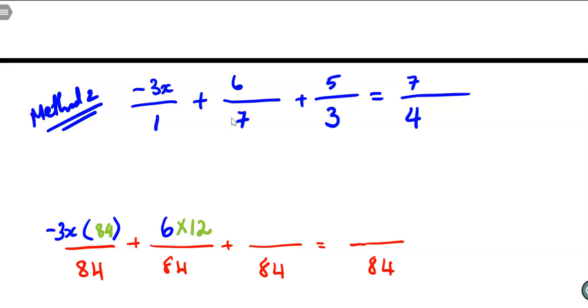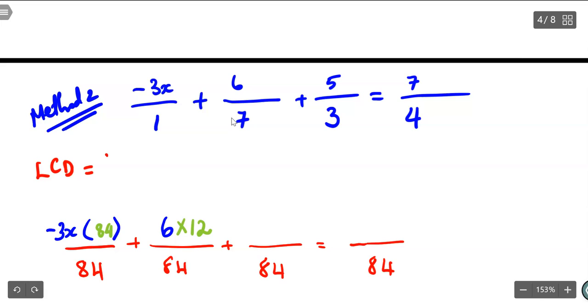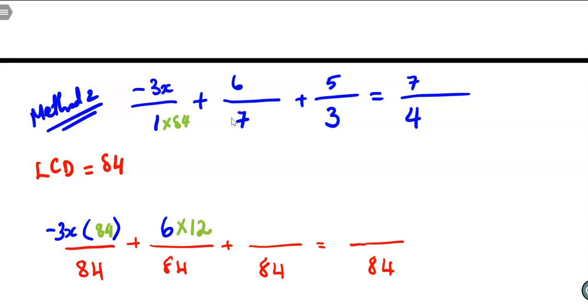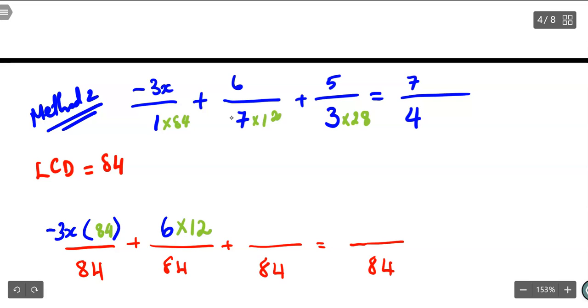Then I say my lowest common denominator is equal to 84. So I multiply this by 84, this by 12, and this by 28. That means 5 multiplied by 28.